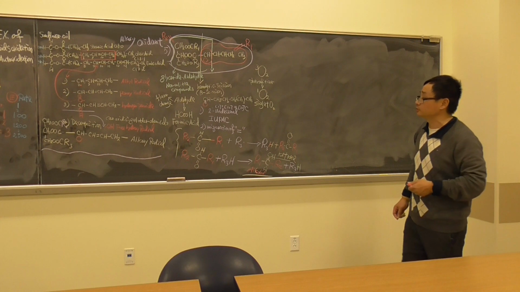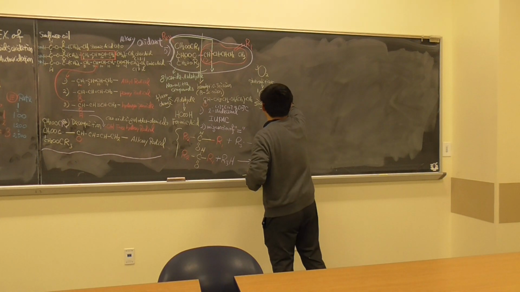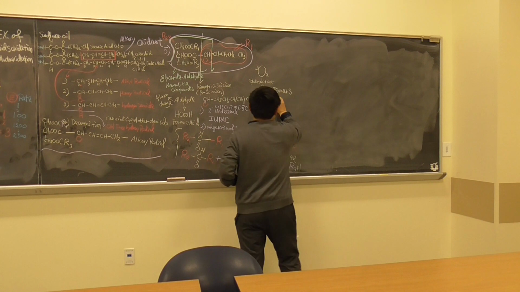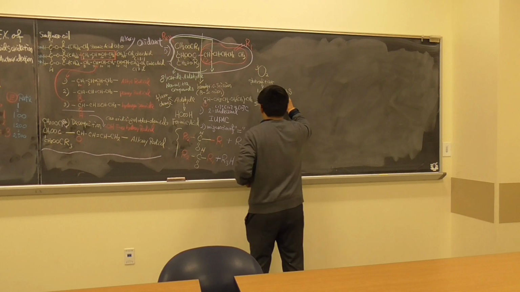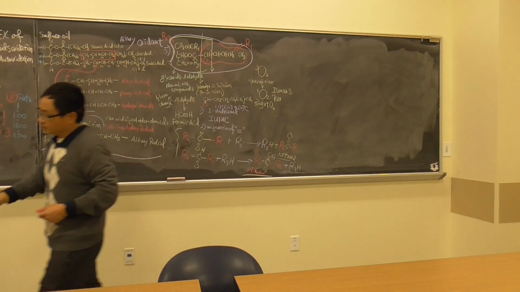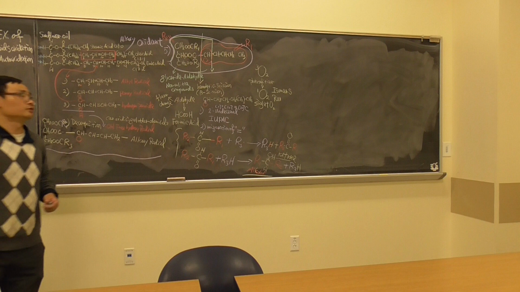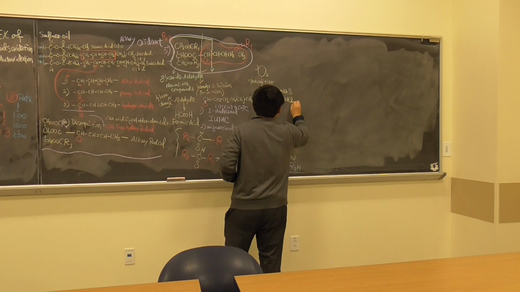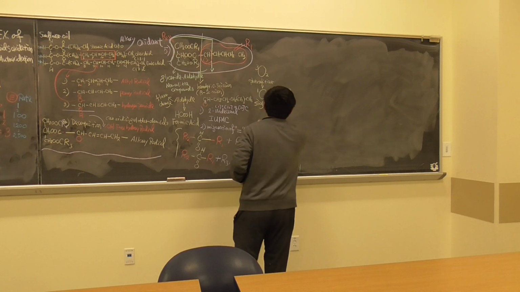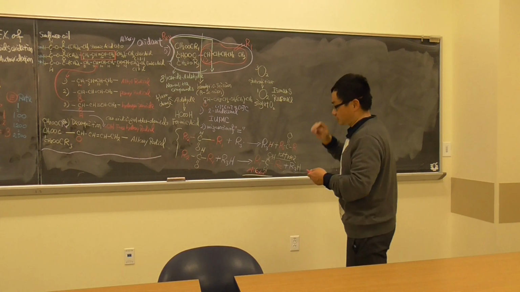So they will generate different isomers. We call it resonance. So they will generate four resonances. And we will give you an example. Actually, two examples here. Okay?